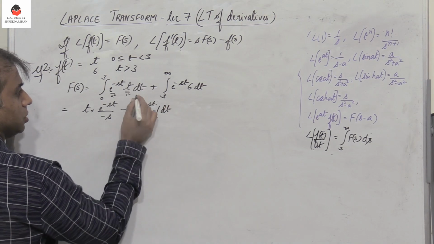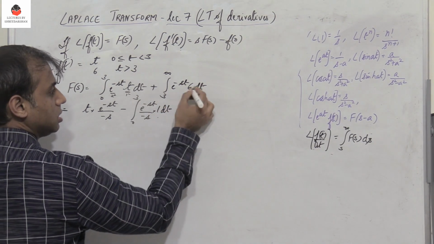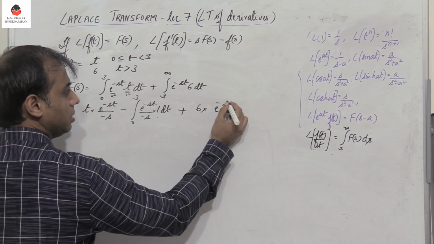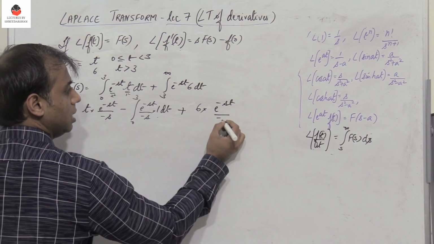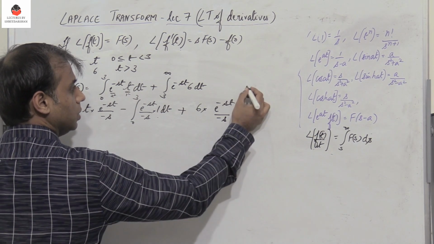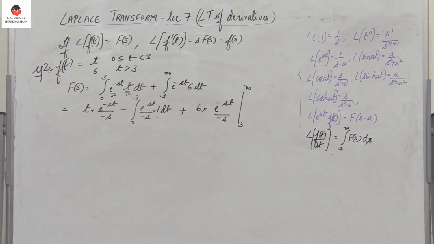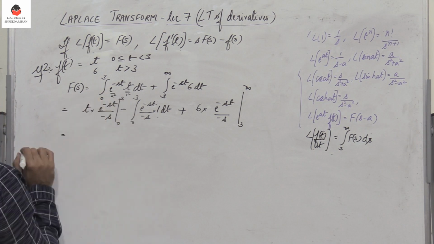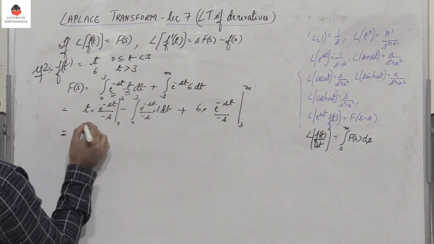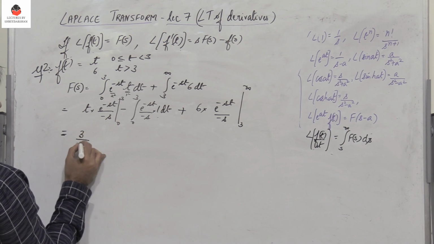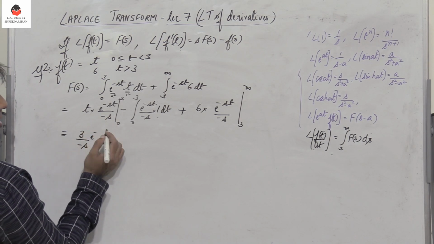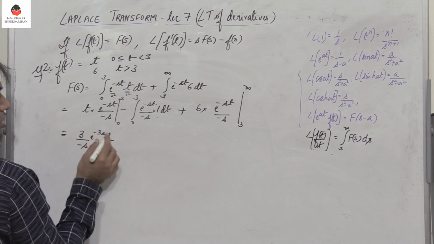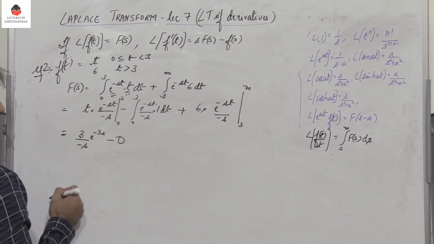This is with limits 0 to 3, plus the integral of e power minus st times 6, which is e power minus st divided by minus s with the limits 3 to infinity. Here t is varying between 0 and 3, so you put t equal to 3. You have 3 by minus s e power minus 3s, minus 0 because t is 0 here.